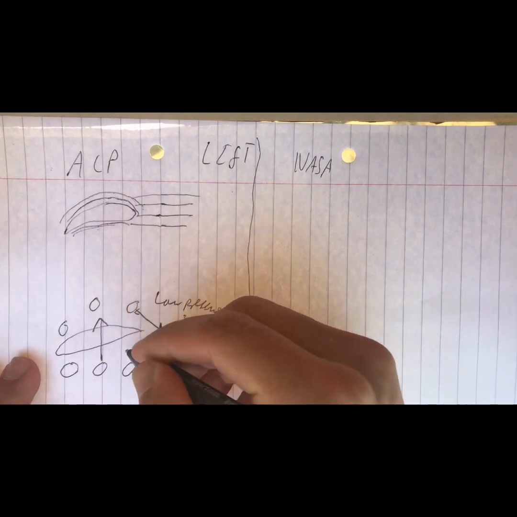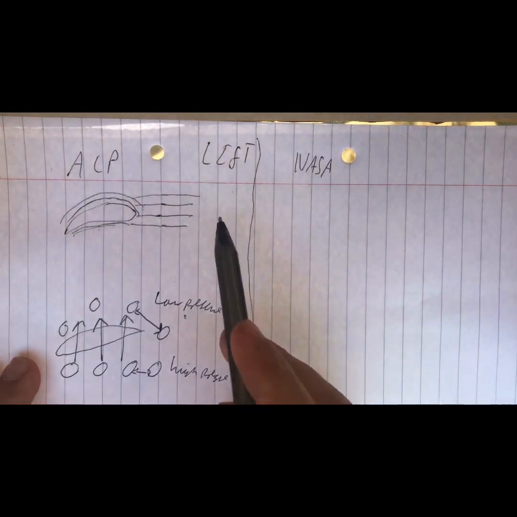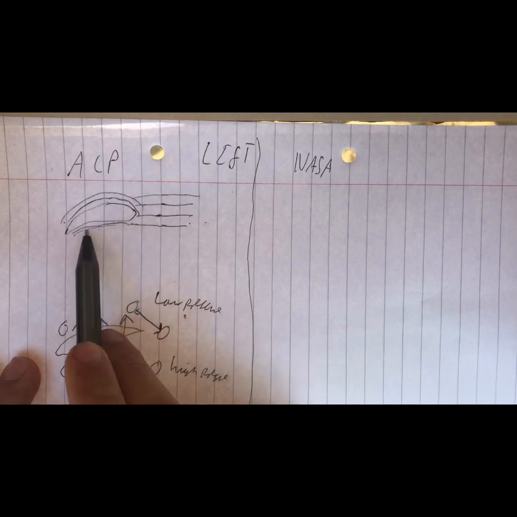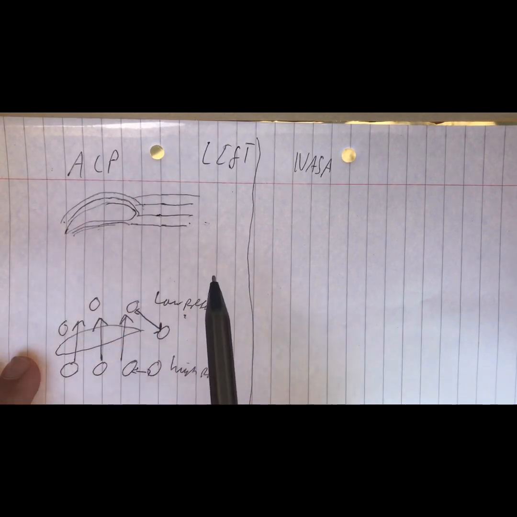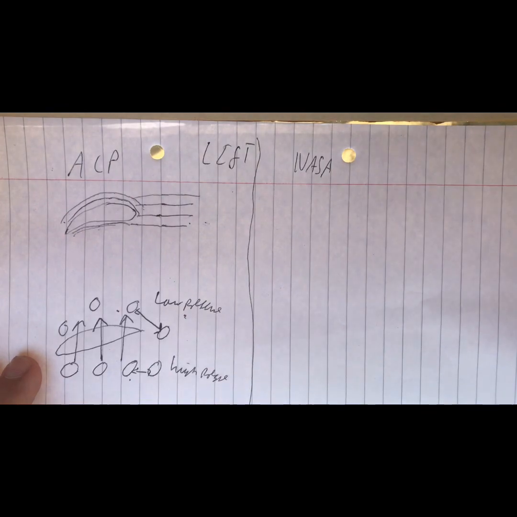It creates a force perpendicular to the wing upwards. So undisturbed air flows over the wing. Bottom half of the wing has air moving slowly, top half has air moving quickly. Quicker air creates a low pressure. Air wants to flow from high to low pressure, which creates a force.